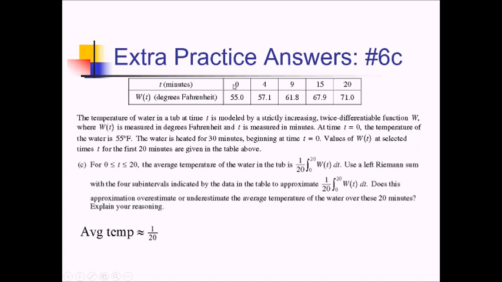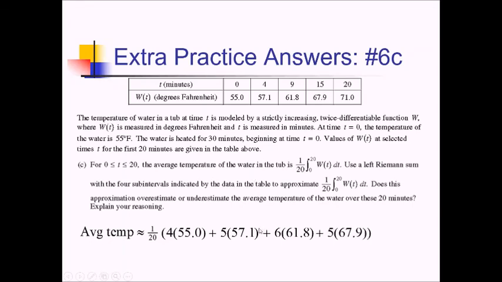So I have a rectangle with a base of 4 and a height of 55, plus a rectangle with a base of 5, height of 57.1. So that we're multiplying those. And then I have a base of 6 times a height of 61.8 being added in there. And finally, base of 5 from 15 to 20 times a height of 67.9.